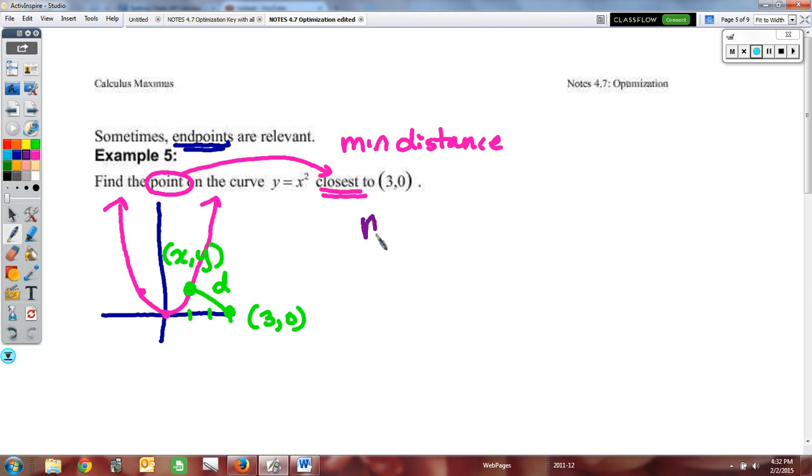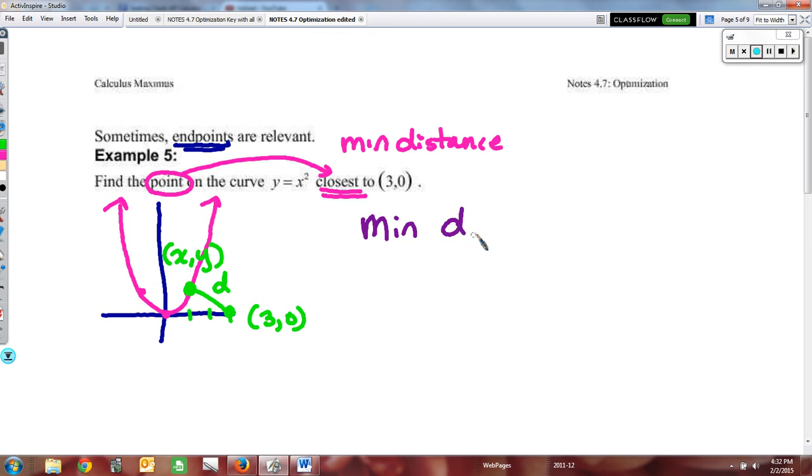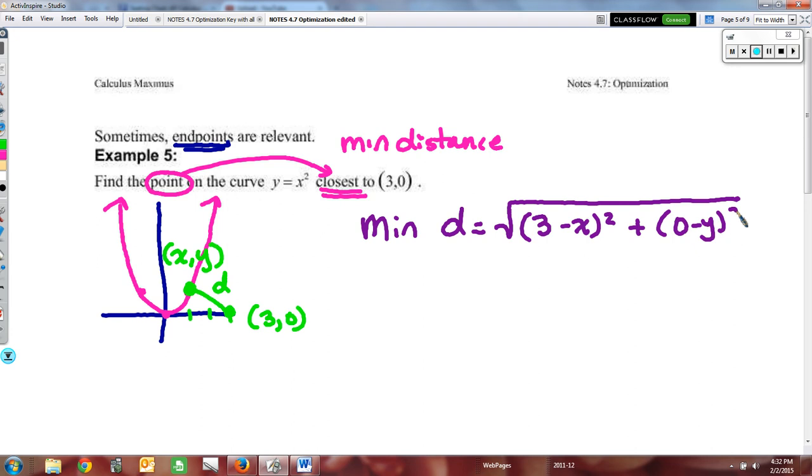So we want to minimize distance, and our distance formula, good old friend from Algebra 1, is going to be the change in x's squared plus your change in y's squared. Now, I am going to tell you this is a shortcut, and this is something that you will always do.